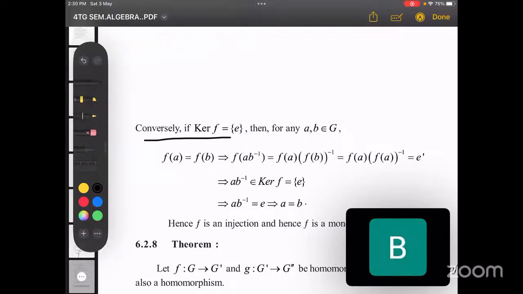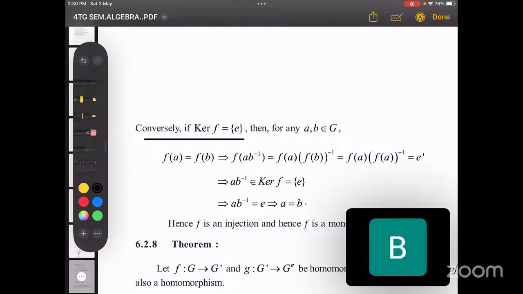So conversely, if curl F is equal to E, then for any A, B belongs to G, monomorphism means we have to show that for two elements, by the definition, if f of x1 equals f of x2, then x1 equals x2. That is the definition of the one-to-one function.